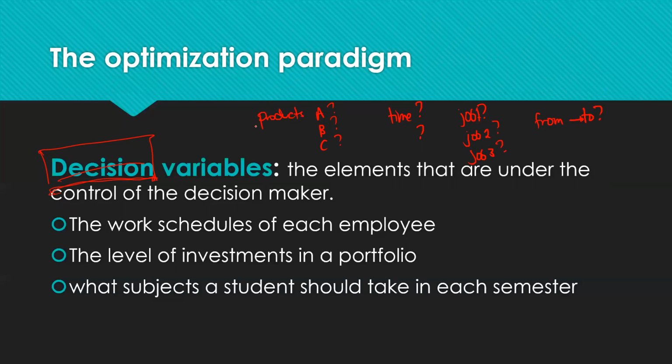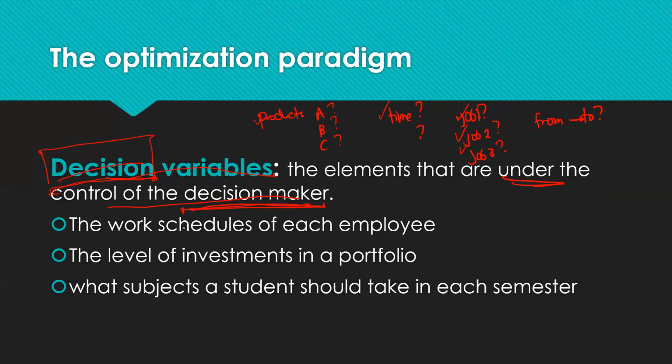So, ang mga yan, guys, yan yung ating tinatawag na decision variables. Ito yung mga elements that are under the control of the decision maker. Ito yung gusto mong malaman. Kontrolado mo to. Gaano kadaming products, gaano karaming oras ang i-allocate ko, sinong bibigyan ko ng assignment, saan ko papupuntahin halimbawa yung truck, papaano yung schedule niya.